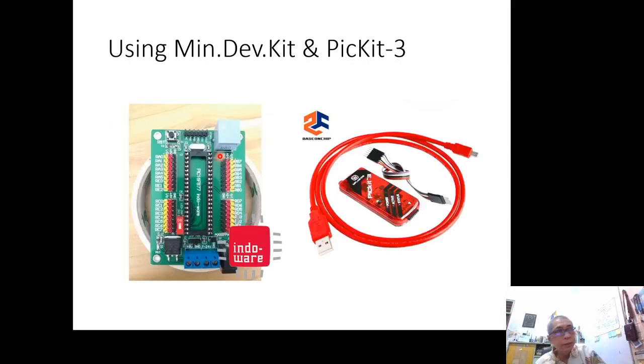So this is the minimum system that I mentioned before. You need to buy it if you want to try real hardware. You want to buy the hardware like I suggested in the previous lecture, and you need to buy the development board because the IC cannot be used alone like this. Okay, and for the programmer maybe you can buy the PICkit 2 or PICkit 3.